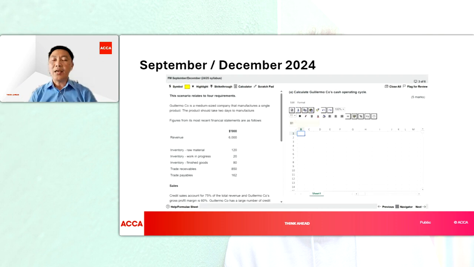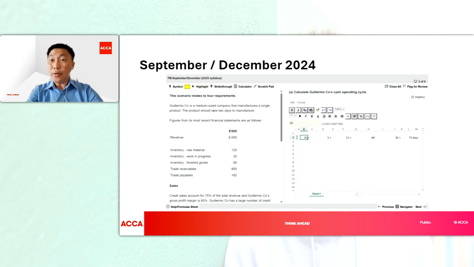Now, if you take a look at part A to show the calculations of the cash operating cycle, guys, do you think this is a good presentation of an answer? Do you think this will impress the marking team that, hey, marker, the cash operating cycle for G company is 73 days?